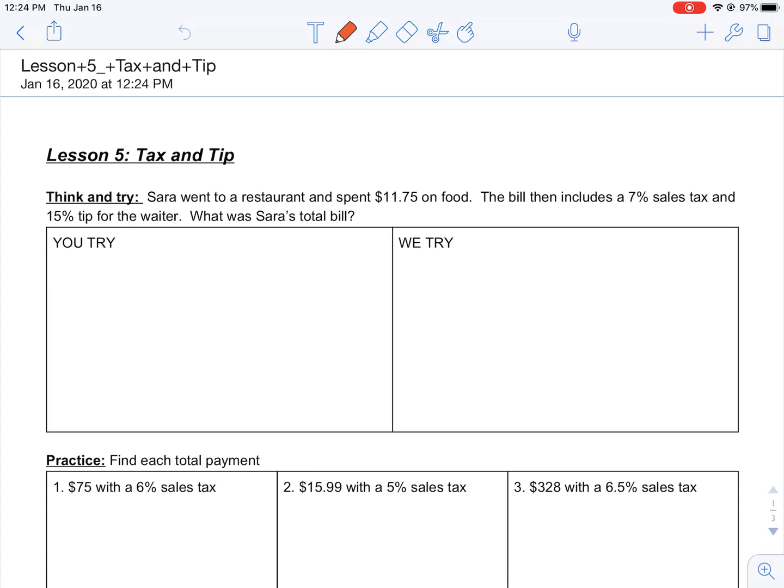So I'm actually going to do this in a different approach. I'm going to show you how it is very beneficial to take your sales tax, 7%, and your tip for the waiter and put them together. So I'm going to do them separate and then I'm going to do them together.